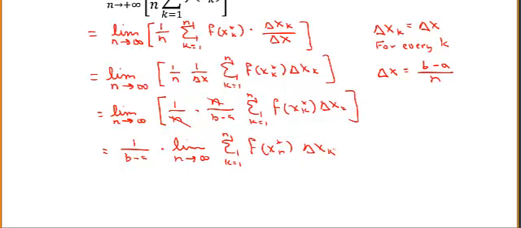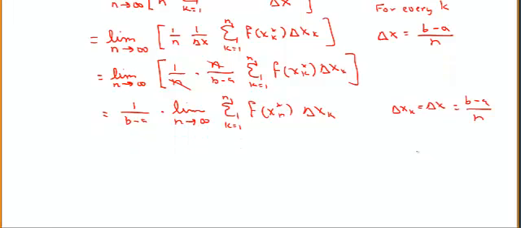And now remember that each of the delta x sub k's was delta x, which was b minus a over n. So as n goes to infinity, all the delta x sub k's go to 0. They're all the same size, so the biggest one of them goes to 0.